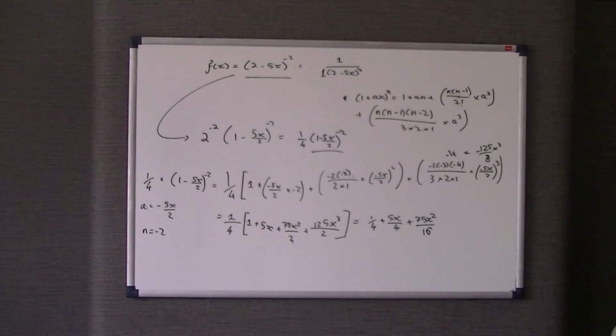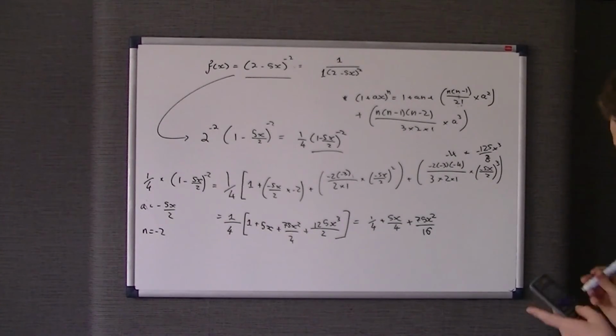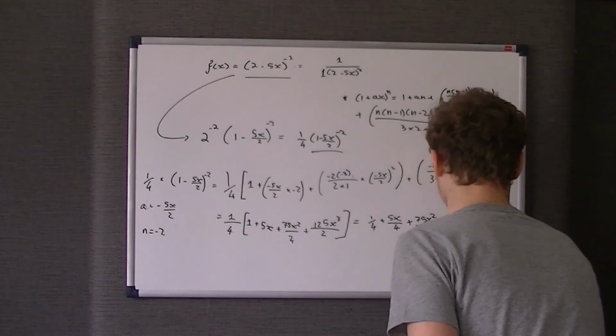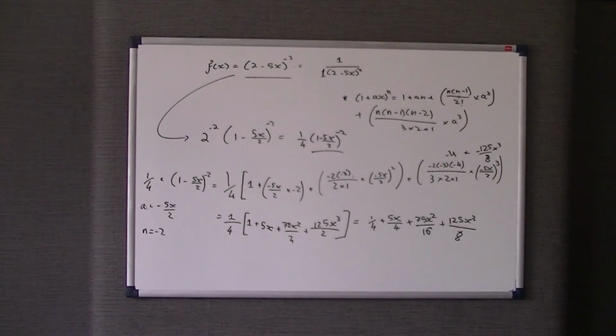Oh wait, can you simplify that? I thought you could. No. Sorry, I genuinely thought you could simplify 125 over 8. Turns out you can't. So, sorry, yes. Just plus 125x cubed over 8. So I do apologise about that.